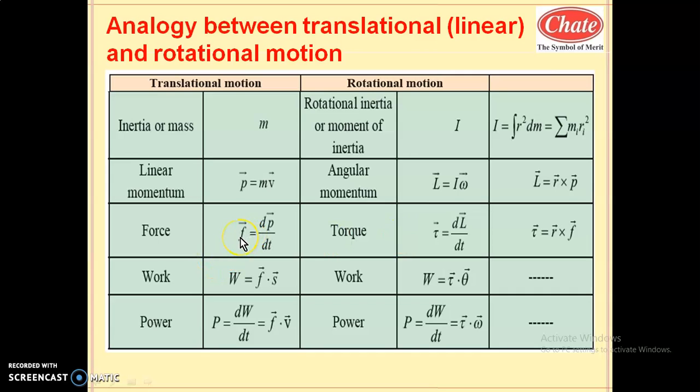Like for linear motion, force is essential to change the state of a body, similarly for rotational motion, torque is essential. So torque is required to change the state of a rotating body. So force is analogous with the tau vector. It is again an axial vector, meaning its direction is along the axis.